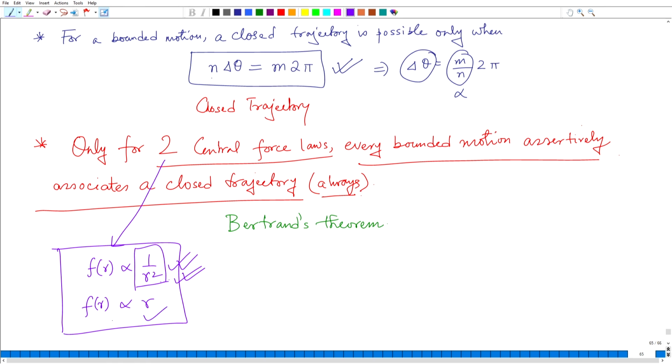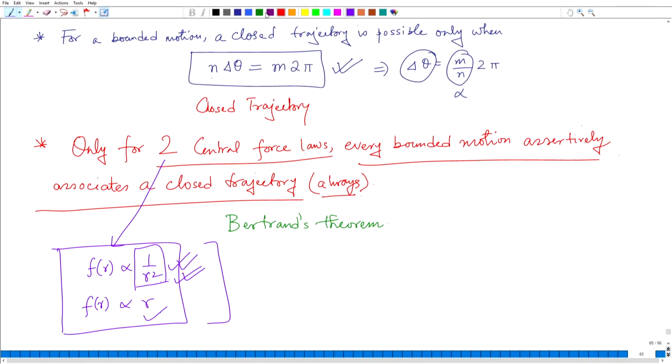Another force law is this one, which you can also easily understand. If you think of an attractive one, this will be the force law for a simple harmonic oscillator. And this fact compels us, in a positive way, to study in more detail two laws. One is the inverse square force law.